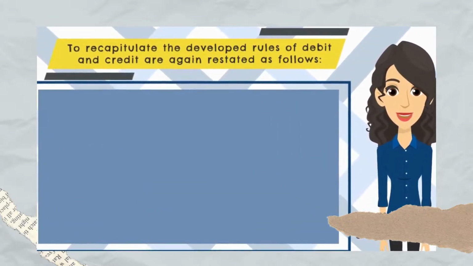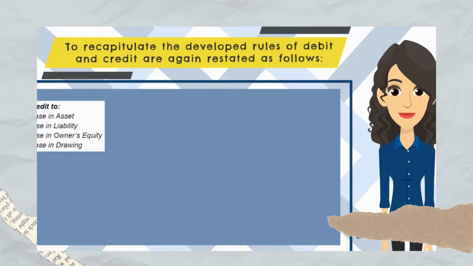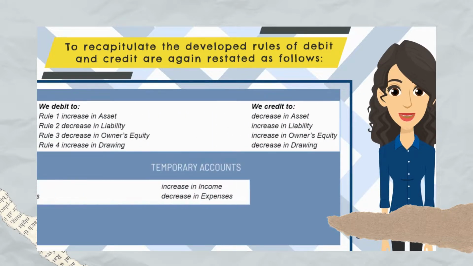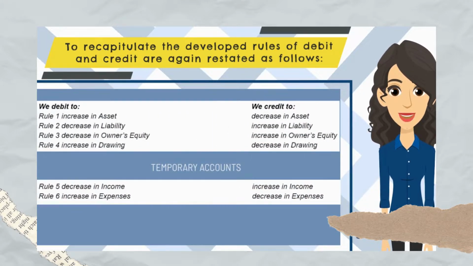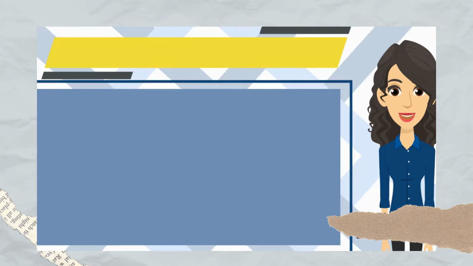To recapitulate, the developed rules of debit and credit are restated as follows. The normal balances of assets, liabilities, and owner's equity, and the temporary accounts of owner's equity, which are income and expenses, are further fixed. Always remember to observe the double entry system.